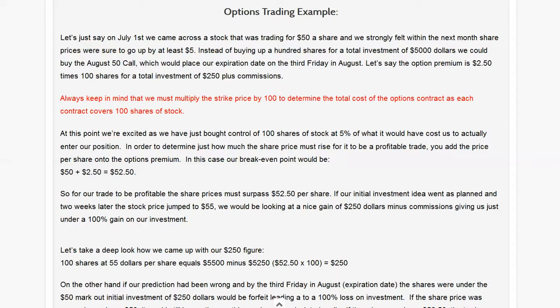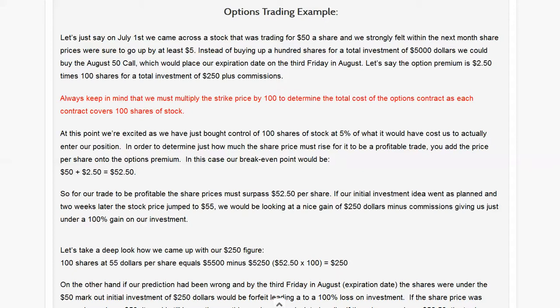At this point, we're excited, as we just bought control of 100 shares of stock at 5% of what it would have cost to actually enter our position. In order to determine just how much the share price would have to rise for it to be profitable, you add the strike price onto the option premium. In this case, our break-even point would be $50 plus $2.50, equaling $52.50.